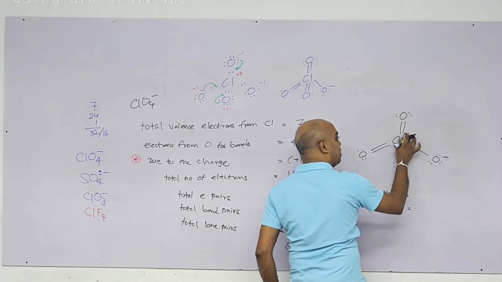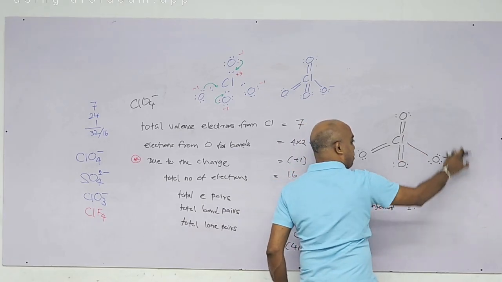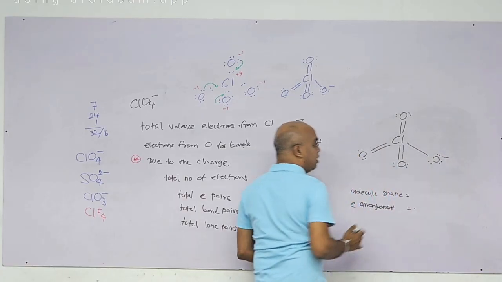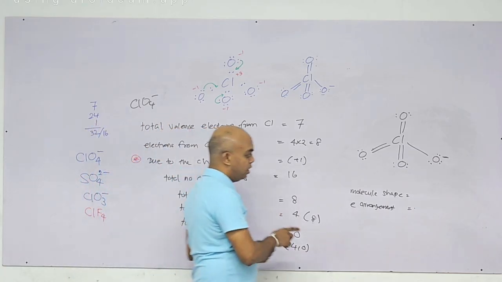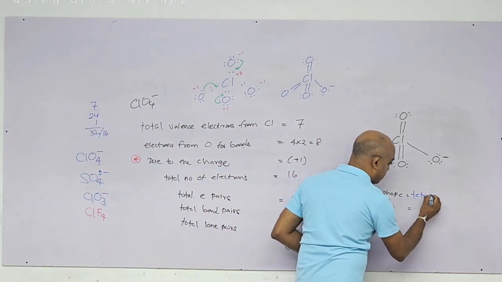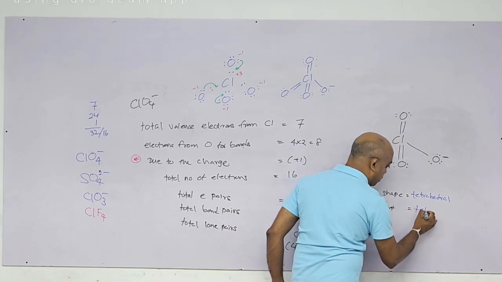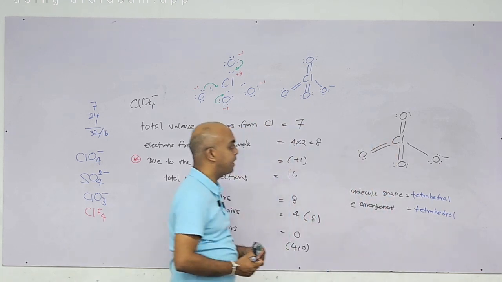Only if the formal charge is in the central atom, you can take it out by using a square bracket. So therefore this is the correct shape. So the molecule shape is tetrahedral. Electron arrangement is also tetrahedral.